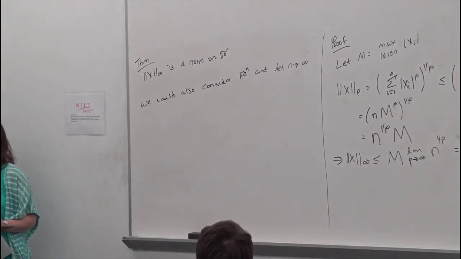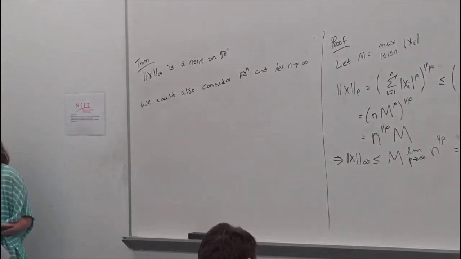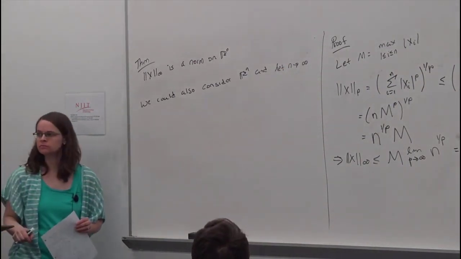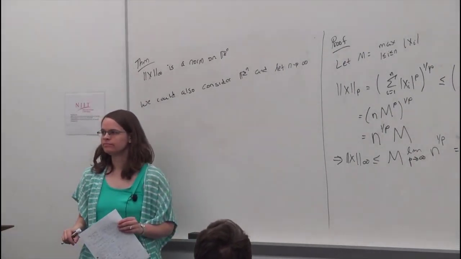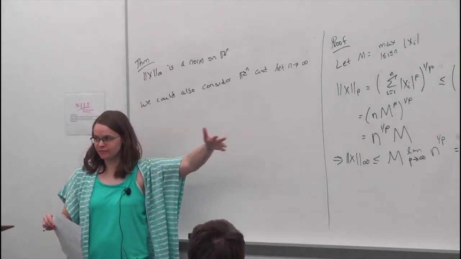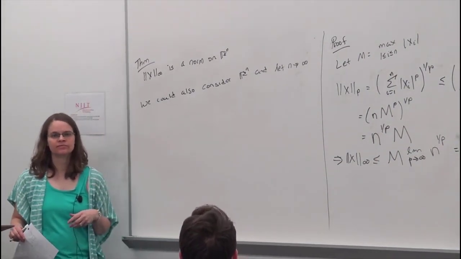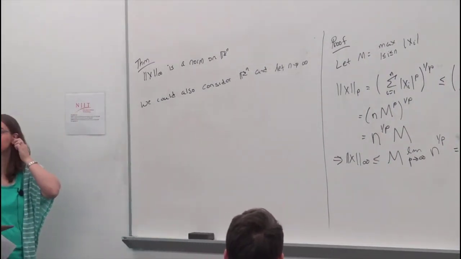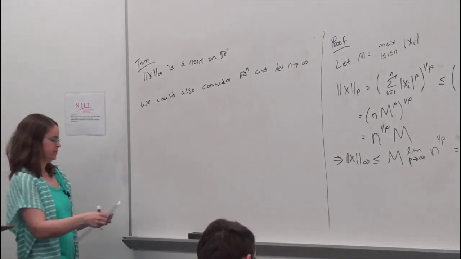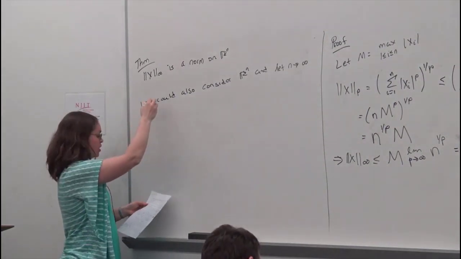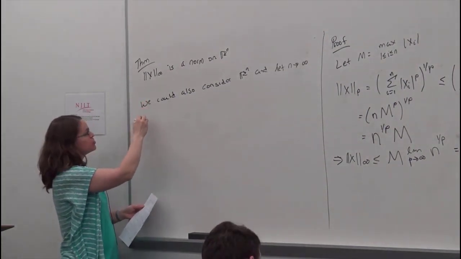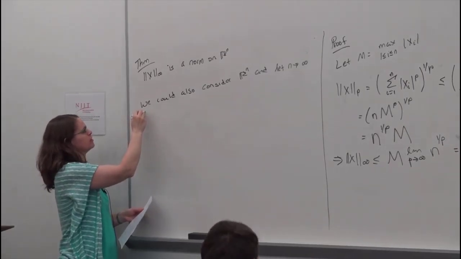So what are the elements of my vector space if I do this? There's this infinite list of things. There's a name for that. Sequence. A sequence, yeah. So this just gives me sequences. Okay, so R infinity is just sequences of real numbers.